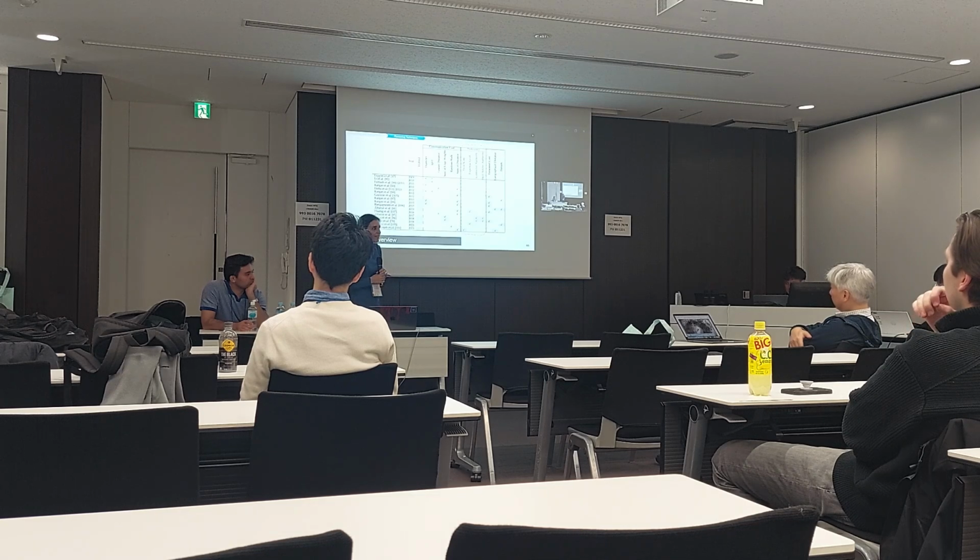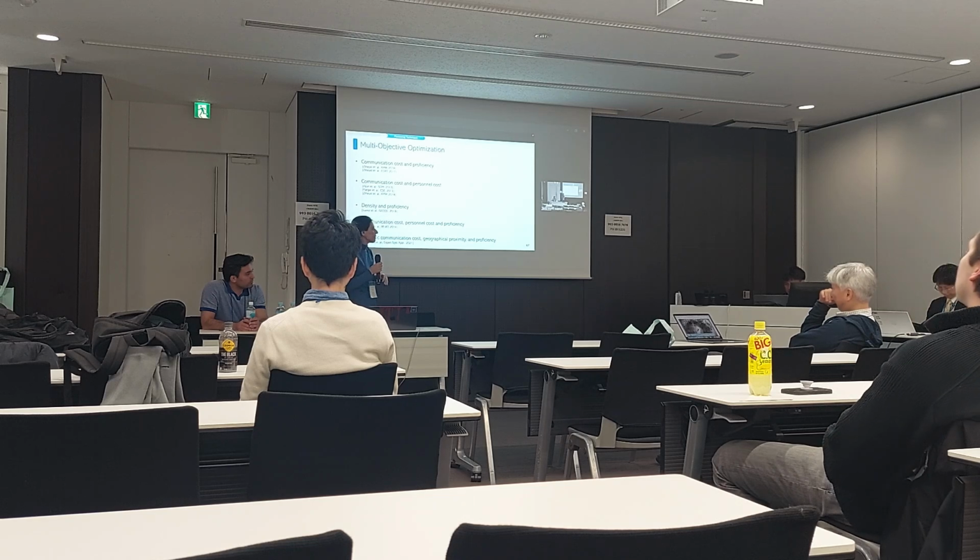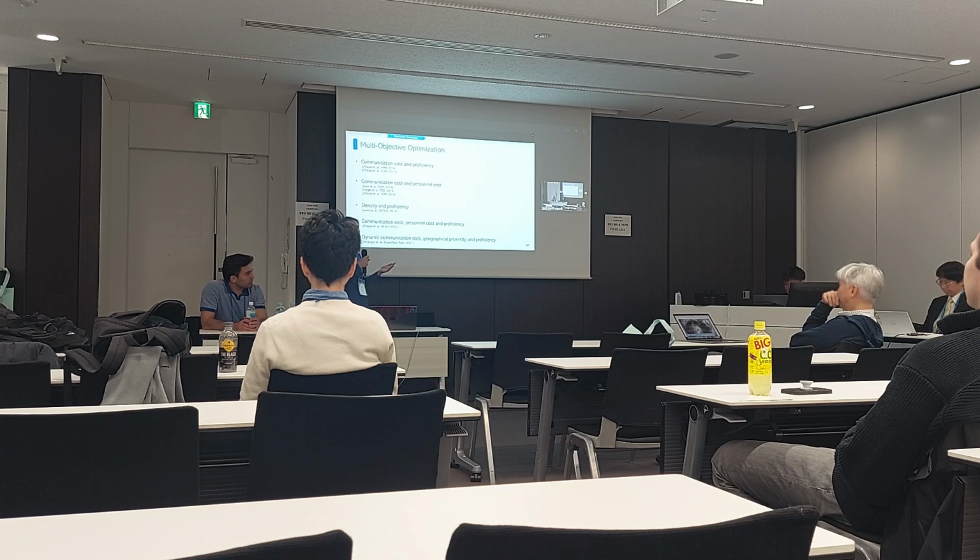Okay, if we look again at this table, we can see that most of the recent works decided to maximize the proficiency in their works. And in general, on top of the simple objective optimization that we mentioned, many works try to optimize different objectives simultaneously.